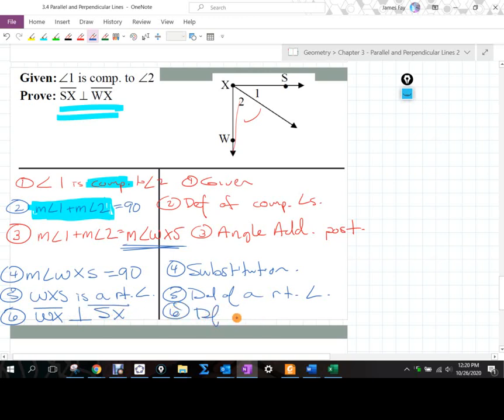And remember, because definitions are two-way streets, I can start with a right angle and know that the sides of it were perpendicular, or I can start with perpendicular segments and know that it generates a right angle, correct? Okay, so definitions are biconditional. So definition of perpendicular lines is going to be my logic there. If I have a right angle, I know by the definition of perpendicular lines, the lines or the segments that make that angle have to be perpendicular.